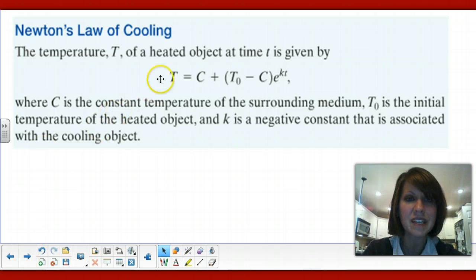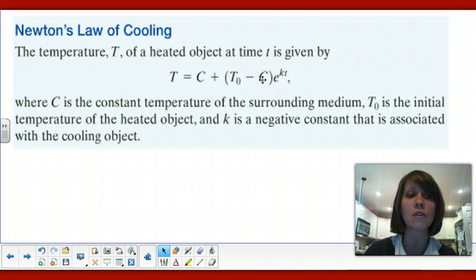So T is the temperature after a certain amount of time. C, you can see, is the constant temperature of the surrounding medium. So if you take it out of the freezer, C would be your room temperature. If you're putting something into the refrigerator or the oven, then C would be the temperature of whatever's surrounding it, okay?